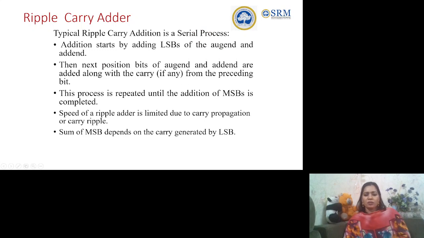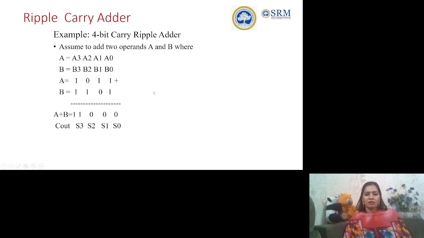Okay. So we'll see how we can perform the addition on a 4-bit number. I'm naming A as A0, A1, A2, A3 and similarly the binary string of B as B0, B1, B2, B3. So this is the LSB of the augend and addend.